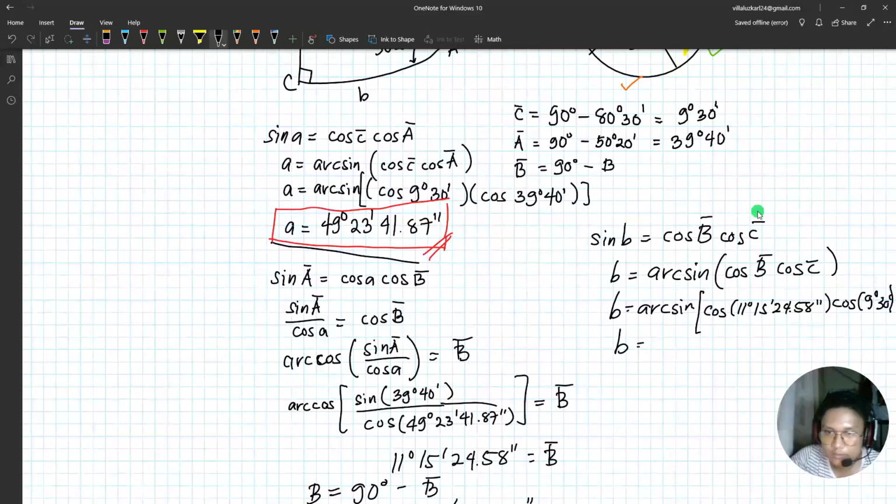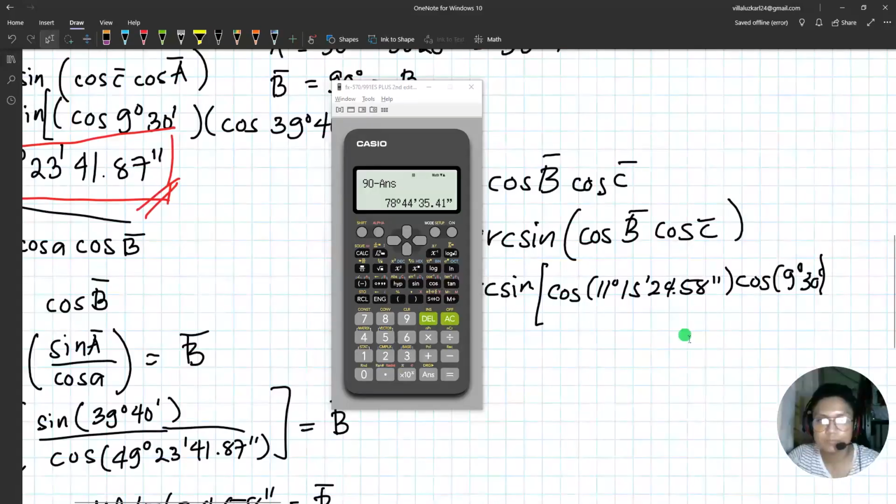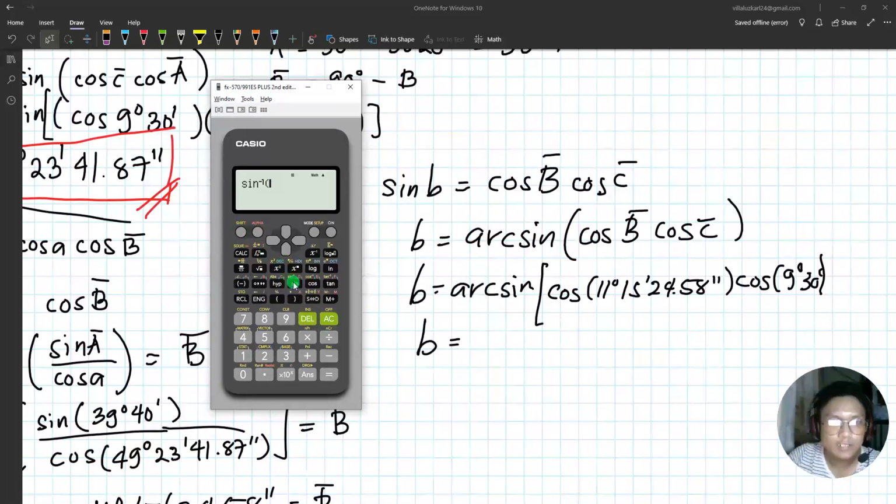Compute the arcsine of cosine 11 degrees 15 minutes 24.58 seconds times cosine 9 degrees 30 minutes.